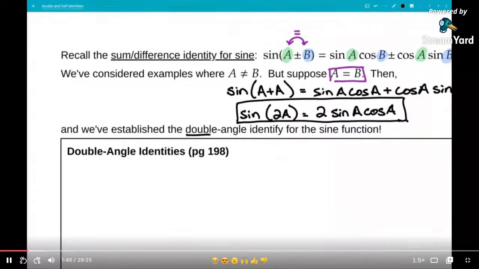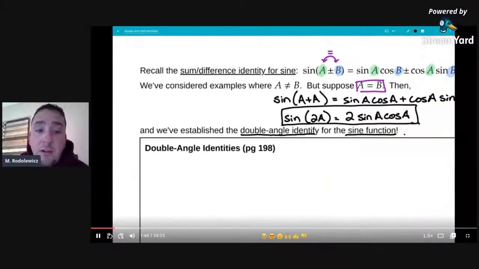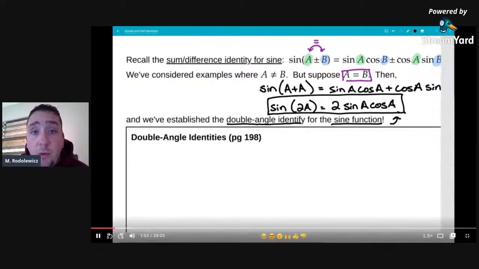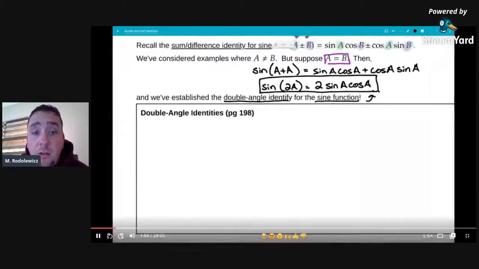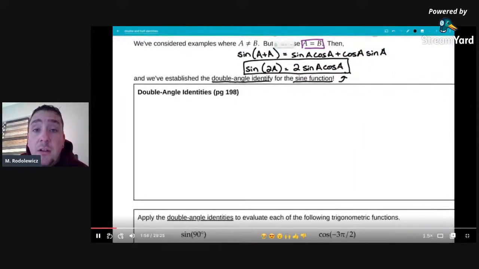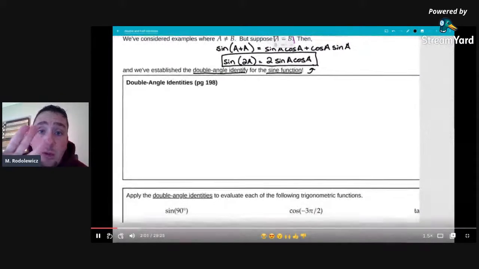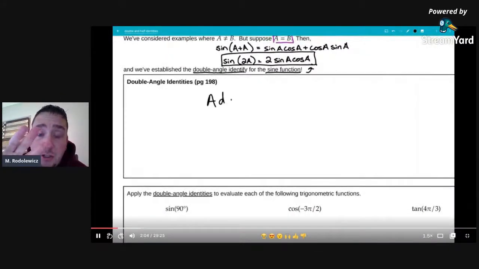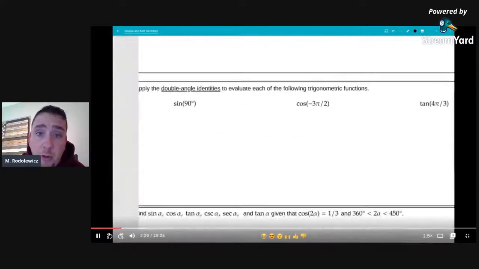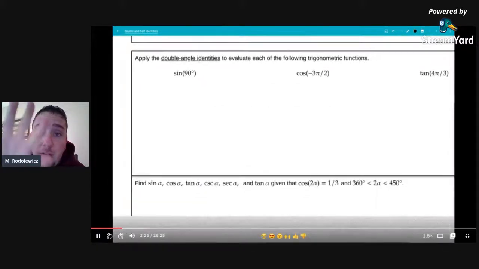And there are other double angle identities for sine, cosine, and tangent. The cosine has 3 different ways it can be written. So I'm going to ask you to use your book on page 198 to copy them down. There are a total of 5: 1 for sine, we already got it, 3 for cosine, and 1 for tangent.